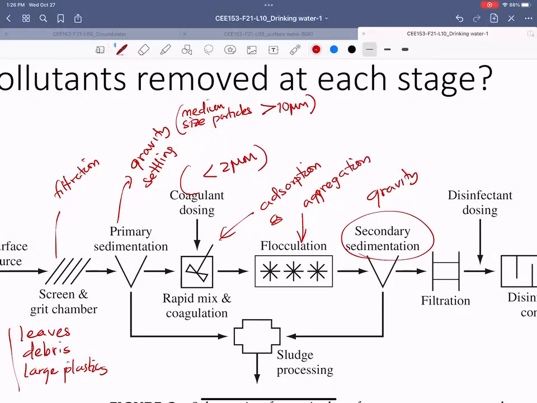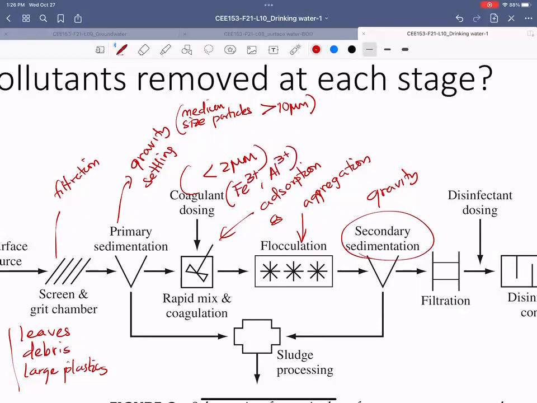So why does adsorption take place here? When you add coagulant, it changes the surface charge. Particles have the same surface charge, they don't stick because they repel each other. So you add a coagulant that alters that charge in such a way that they will attract each other. Most of the natural particles are negatively charged. So the coagulant, the whole adsorption of coagulant is positive charge, Fe3+ or aluminum 3+.